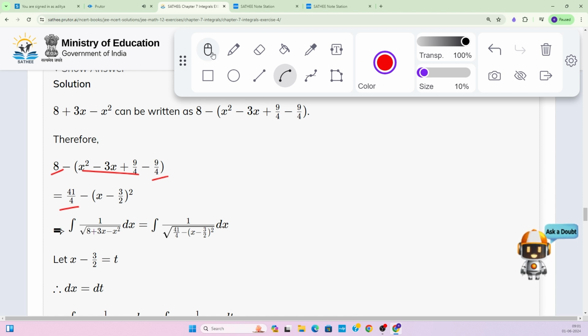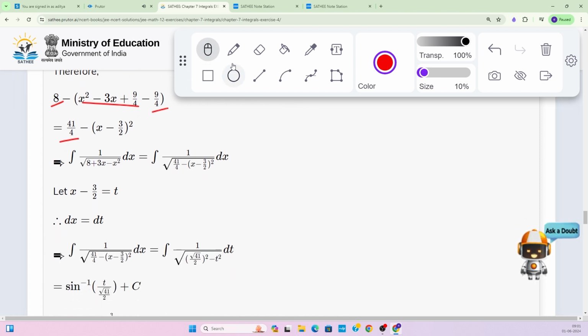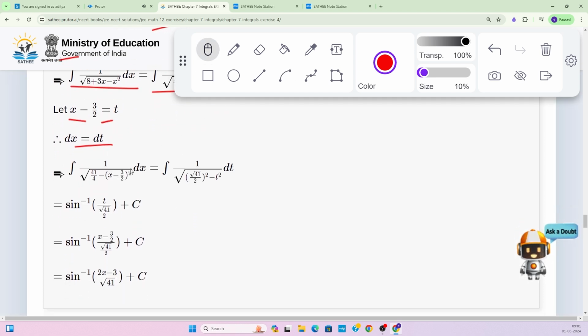Now this given integration is transformed into the form 1 by root of a square minus x square. Substituting x minus 3 by 2 equal to t, you will have dx equal to dt. You can directly replace dx by dt and the other term by t.